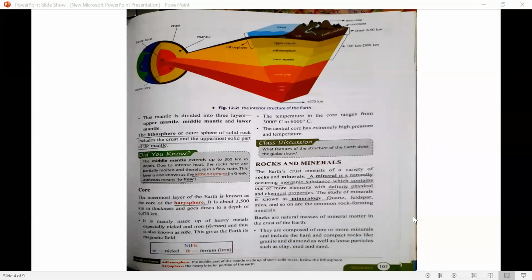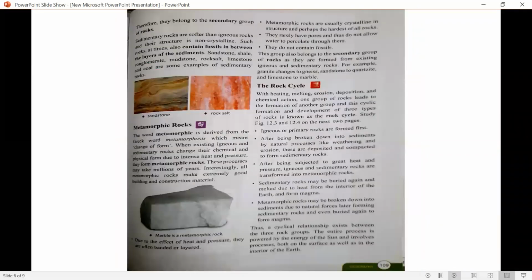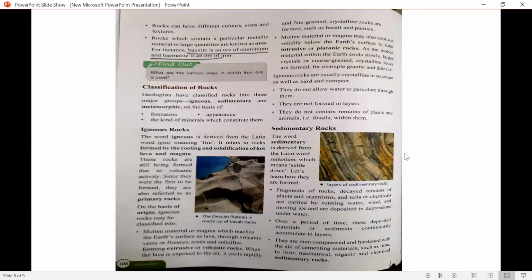If we study further, the rocks also have their specialty, which is over here. So rocks can have different colors. They can have different sizes and they can also have different textures. You can see this beautiful Deccan Plateau basalt rock.